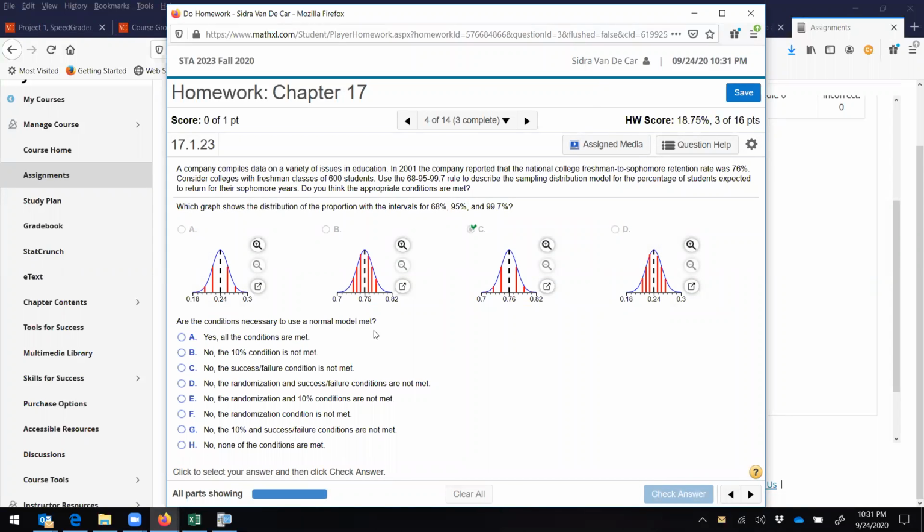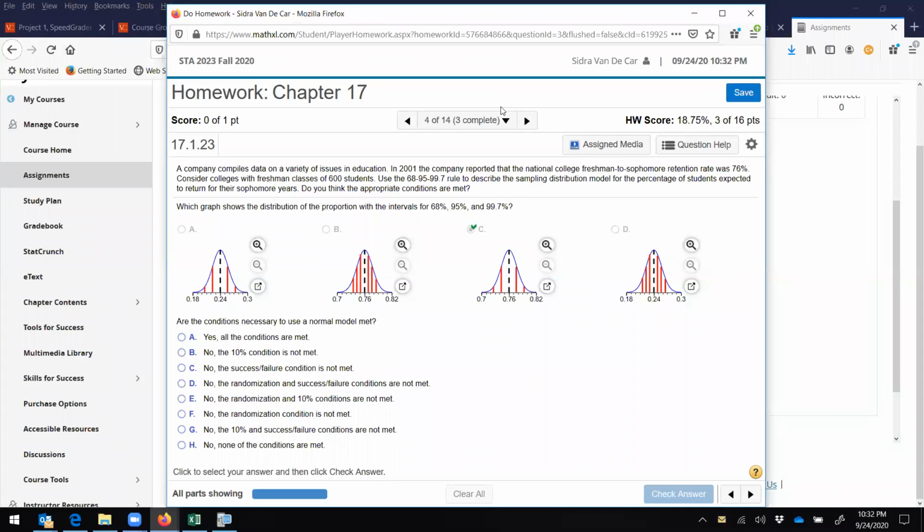Are the conditions necessary to use a normal model met? The company compiles data. The national college freshman to sophomore retention rate was 76%. This doesn't say anything about how the data was collected, so I can't really analyze the randomization condition.